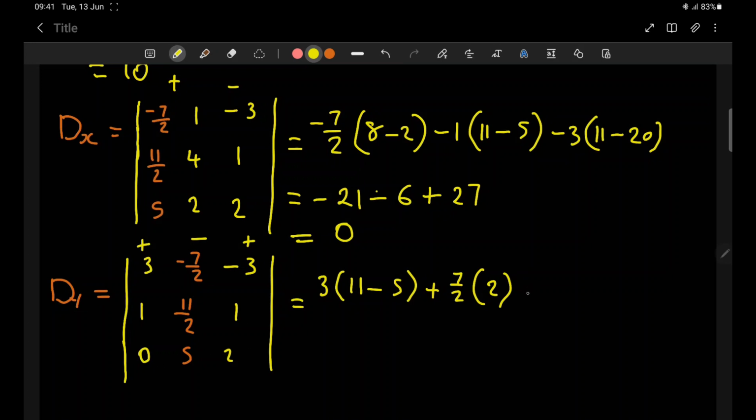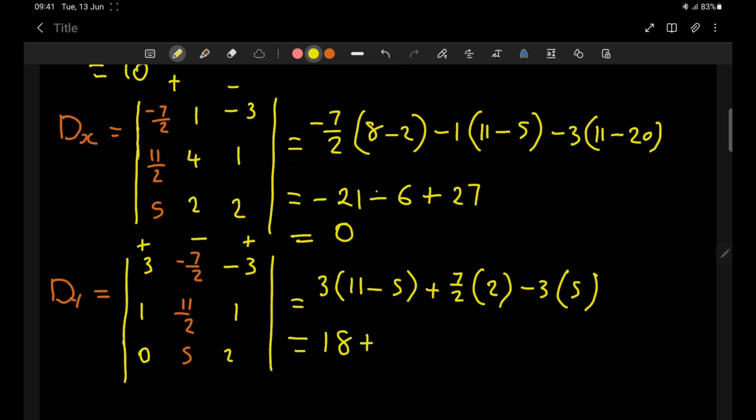So you can go to the other element, which is negative 3. If we hold this column and this row, we have 1 by 5, which is just 5. 11 over 2 by 0 is 0. Then we can simplify. 11 minus 5 is 6 by 3, that's 18.